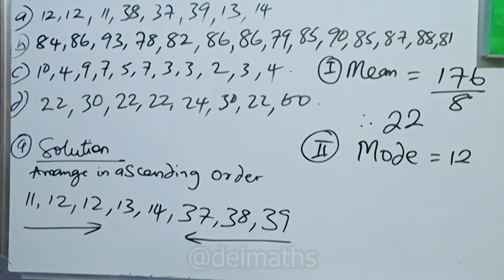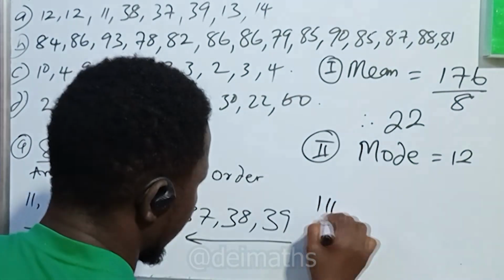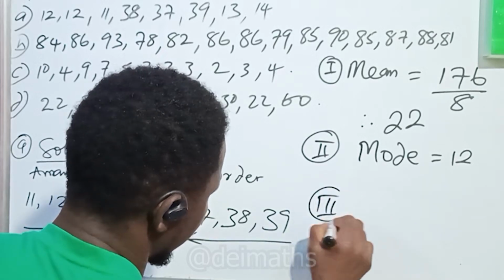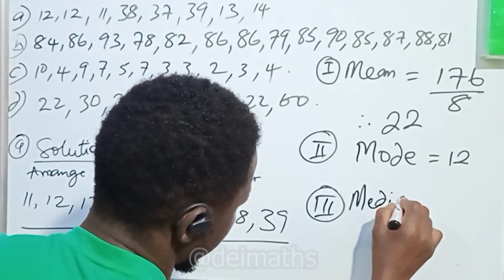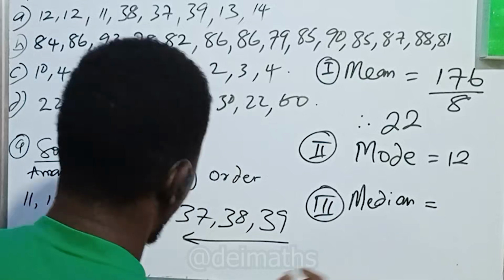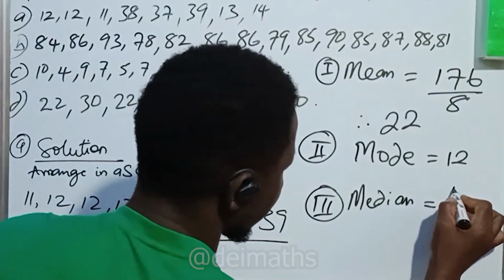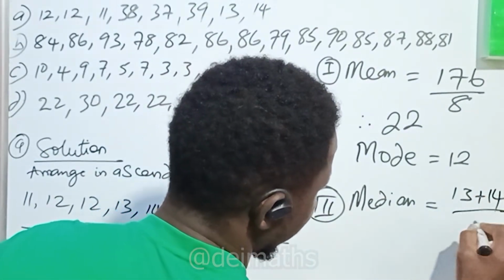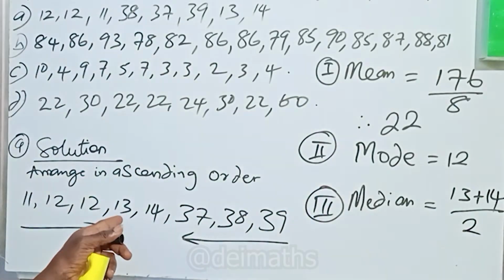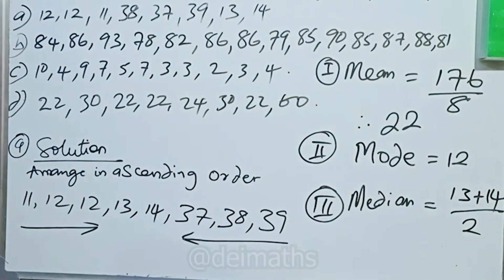The median is equal to 13 plus 14 divided by 2. Because you are dealing with 2 numbers, you have to divide.